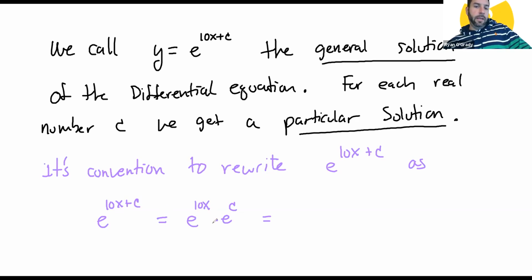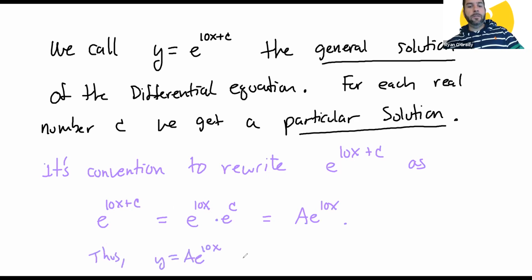Then just call e to the c another number. Because look, e is a number, c is a number. If I take a number and raise it to another number, I get a new number. So let's just call it a. This is the convention that we choose. Thus, y equals a e to the 10x is the general solution.